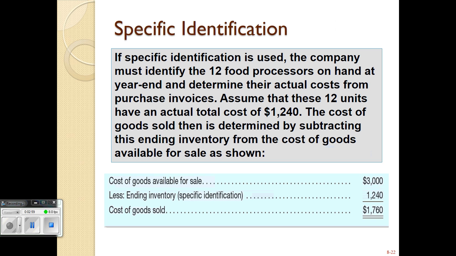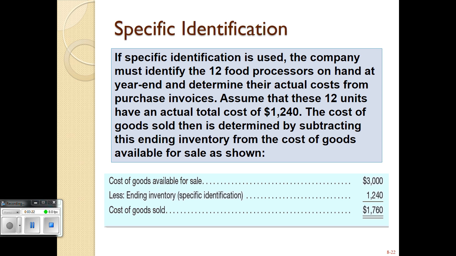So now under specific identification, we're going to have to know which 12 units are left. I think it's probably highly unlikely that a company using specific identification would use a periodic system, but if they did, they would know exactly what 12 were left in inventory, and that would tell them. And how would they know what 12 were left in inventory?